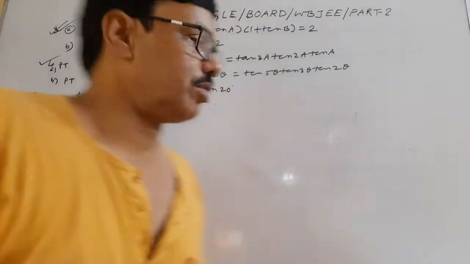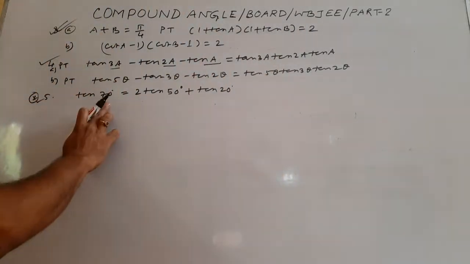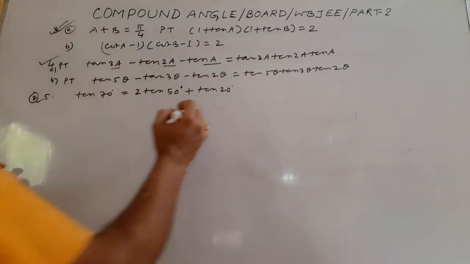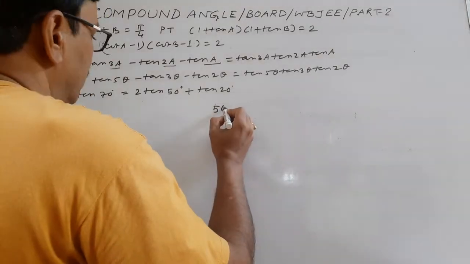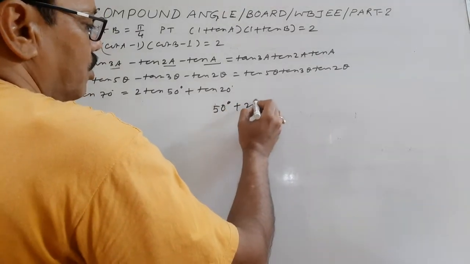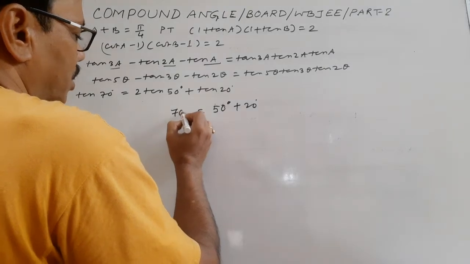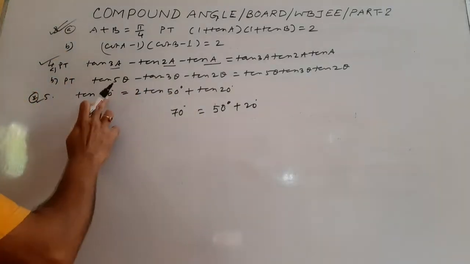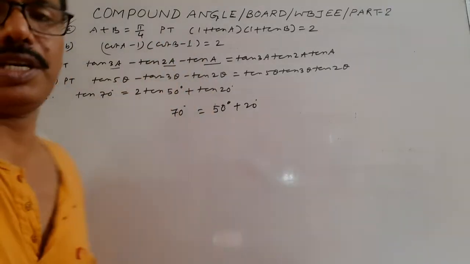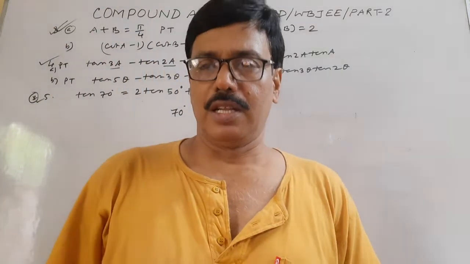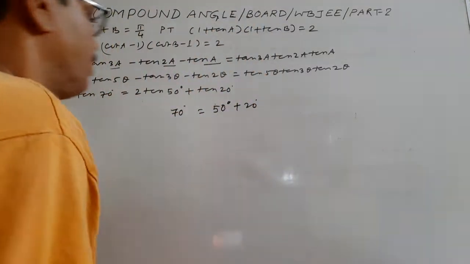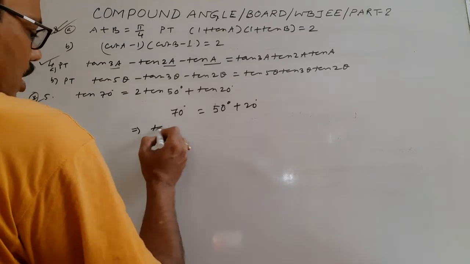Now 50, 70, 20. So you can find a relation. 50 plus 20 equals 70. So 70, 50, 20, you are getting a relation. Then exactly the same, take tan on both sides.